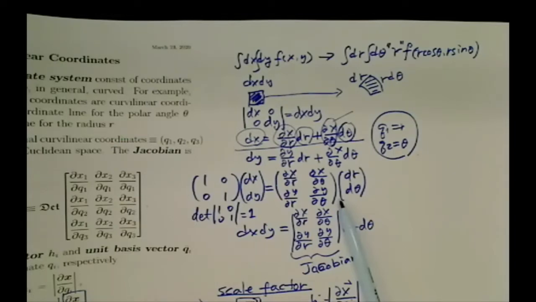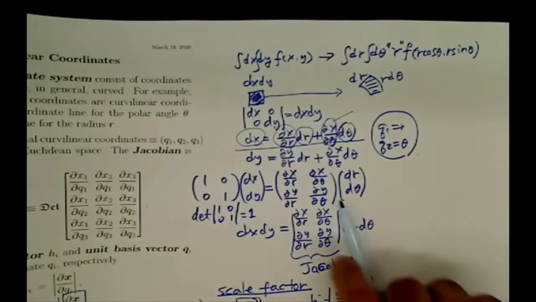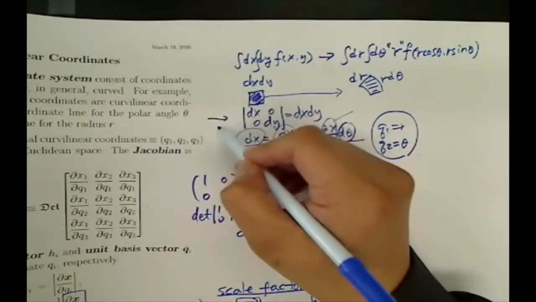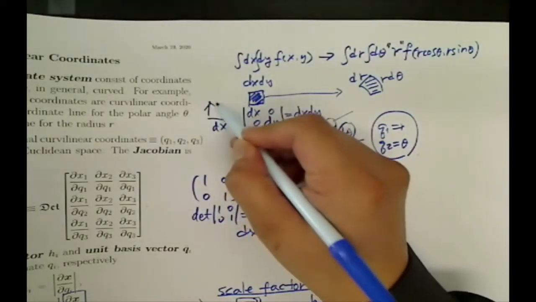We remember that the determinant of three vectors in three-dimensional space, or two vectors in two-dimensional space, is actually the area or volume spanned by those vectors. For example, we have dx and dy.